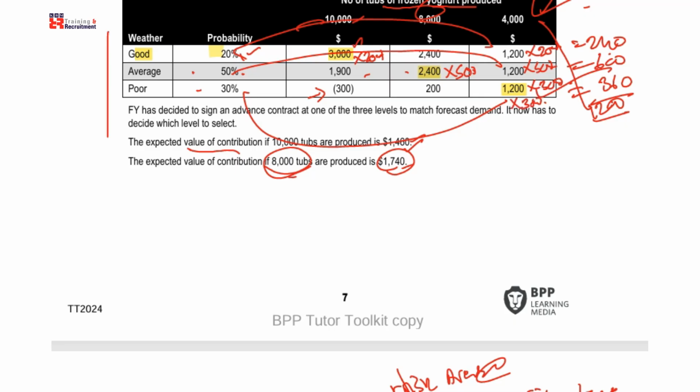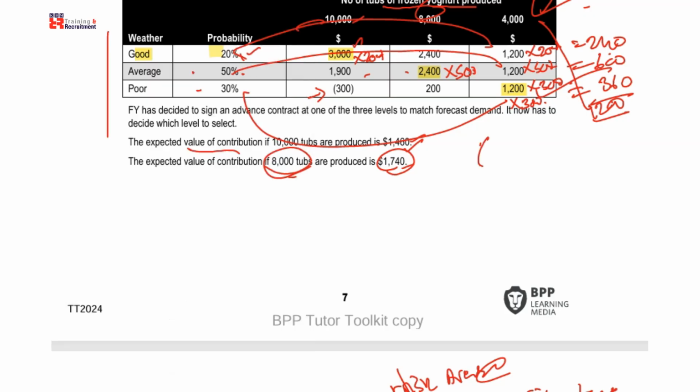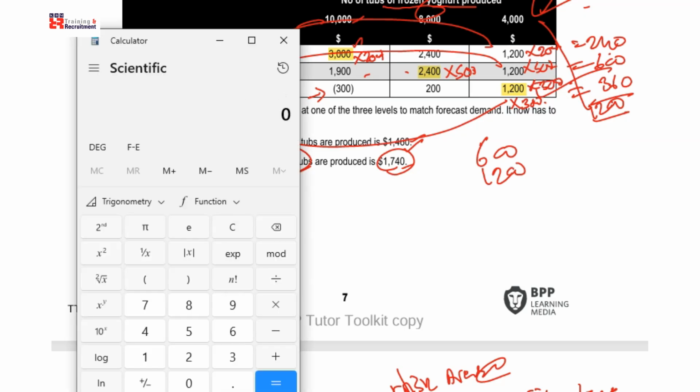Yeah. So taking my calculator, 3,000 times 0.2 gives you 600. 600 is the expected contribution, and this one is 1,200. I can see it and do it, and we've done it before here, but I'm doing that one as well. 1,200 times 0.3, isn't it? 360, right?